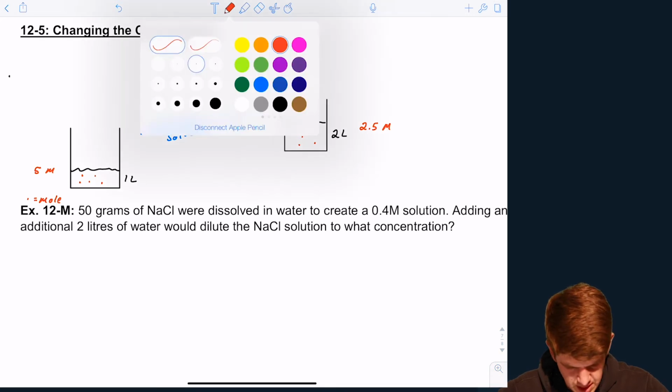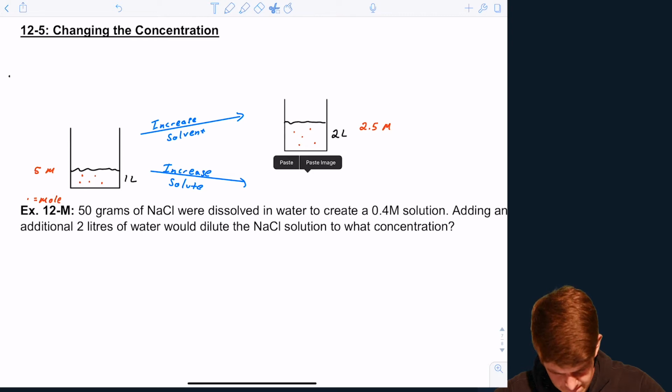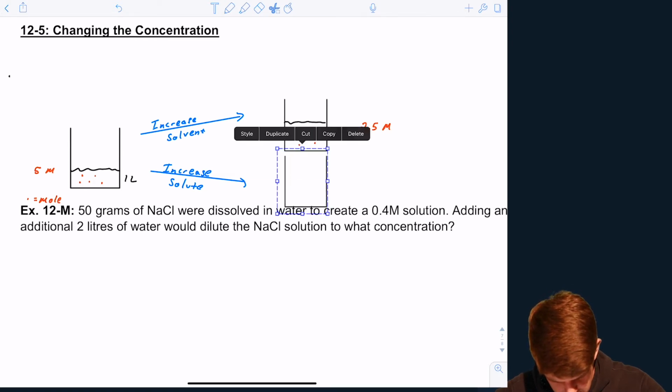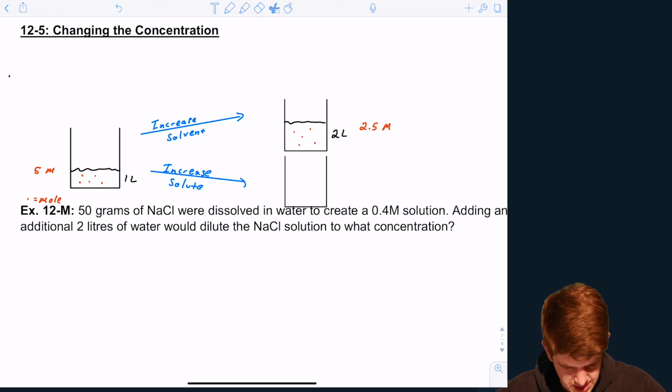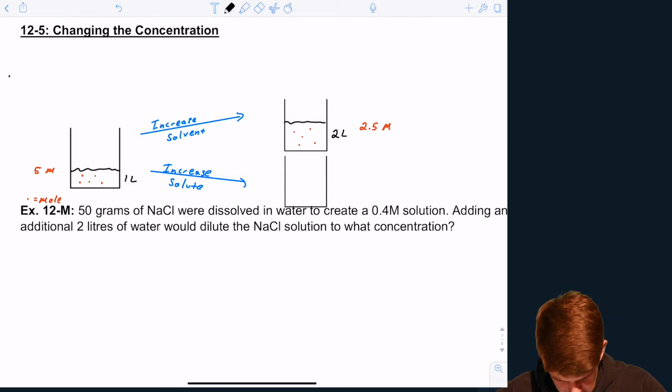So what's the other way? Well, I can increase or decrease my solute. What happens if I increase it? Because I'm talking about my original drawing, I still have 1 liter.